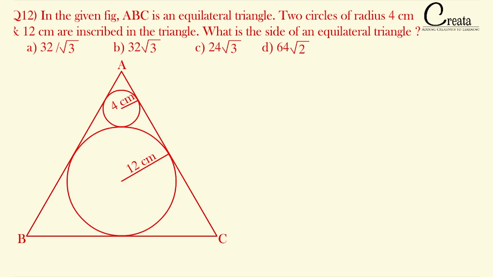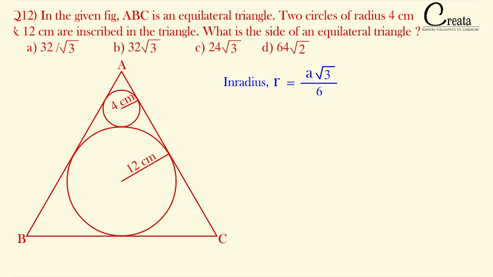All the three sides will be equal. Two circles are given which are inscribed in this equilateral triangle, and the radii of the circles are given as 4 cm and 12 cm. In the equilateral triangle, we know the formula of inradius, that is r is equal to a root 3 upon 6.